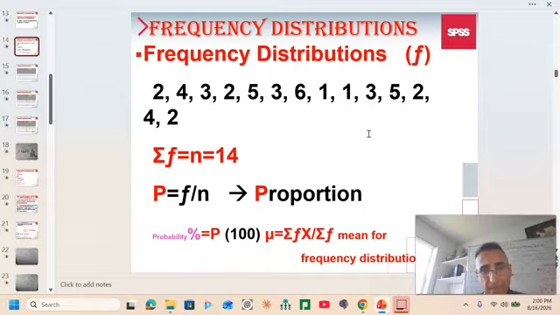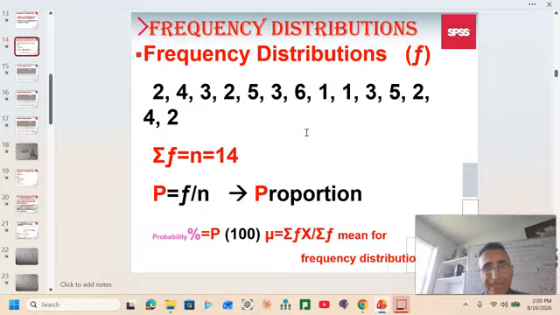And then we said that P, proportion, is f divided by N. f is the number of frequencies of each. If you want to know, let's say, what is the proportion of 2 in this distribution, first you need to know what is the frequency of 2. It is 4, because there are 4 2's in that distribution.